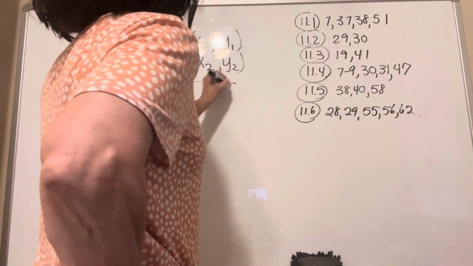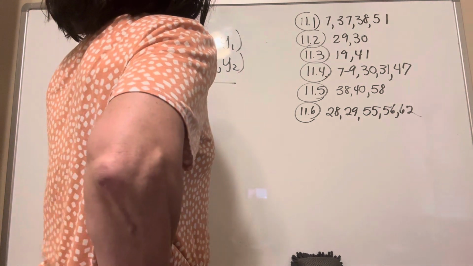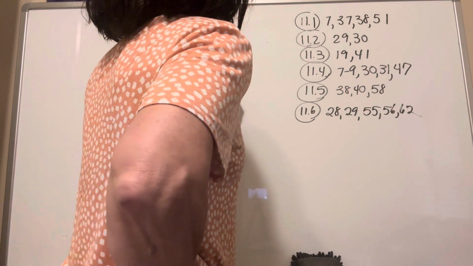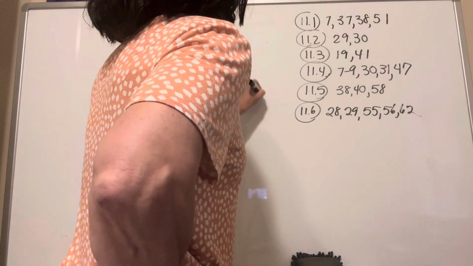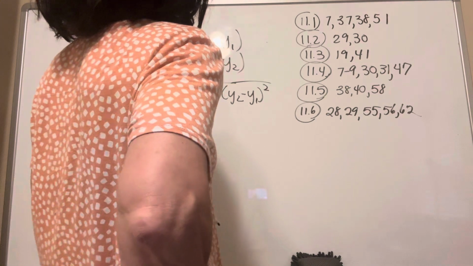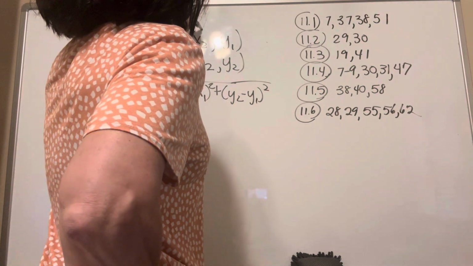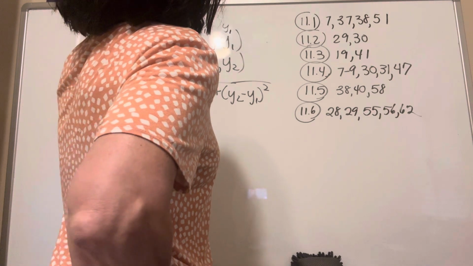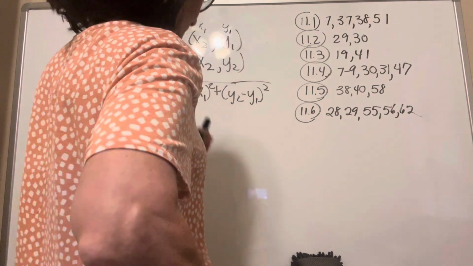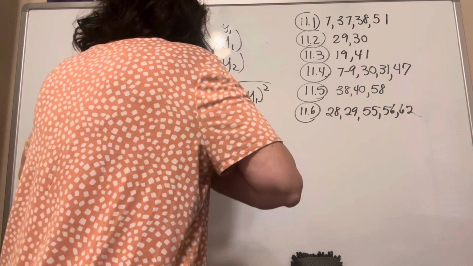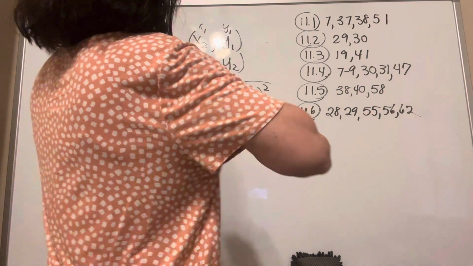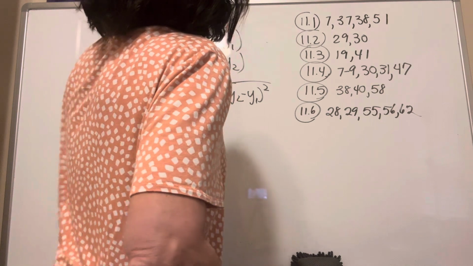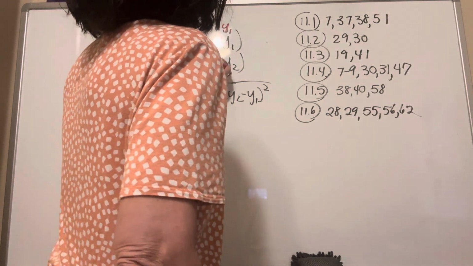Distance is the square root of x2 minus x1 squared plus y2 minus y1 squared. You just label your coordinates. We'll label these set 1, even though they're sort of similar. Okay, I'm going to use a different color marker. This is going to be x1, y1. This one's going to be x2, y2.